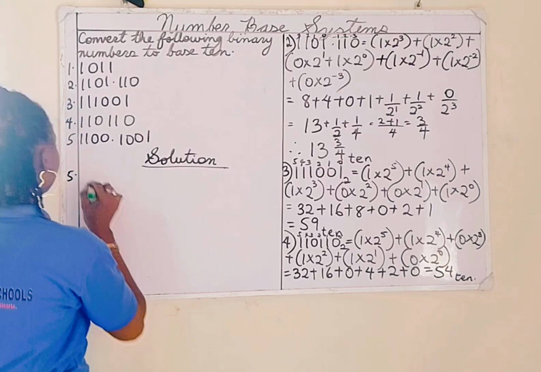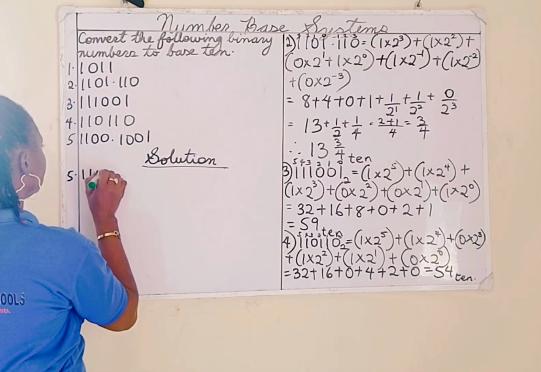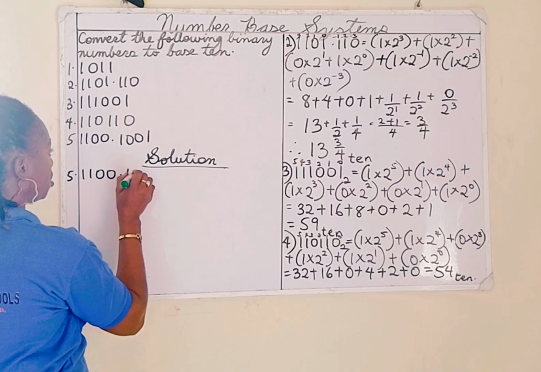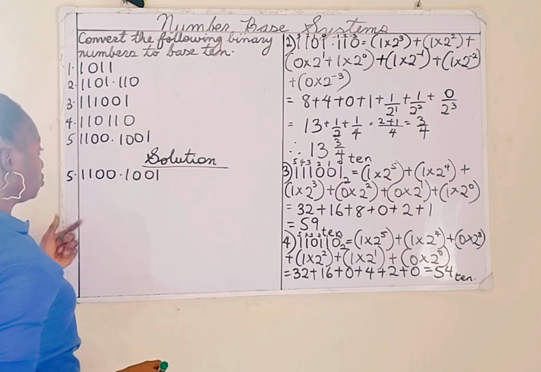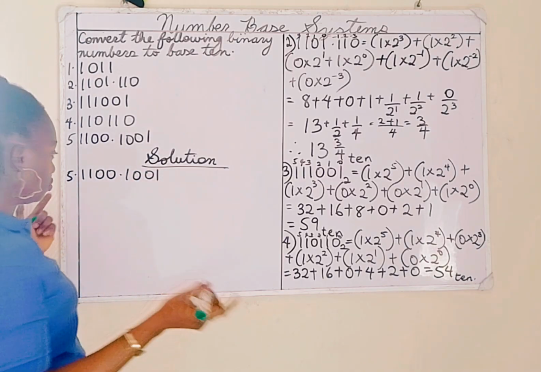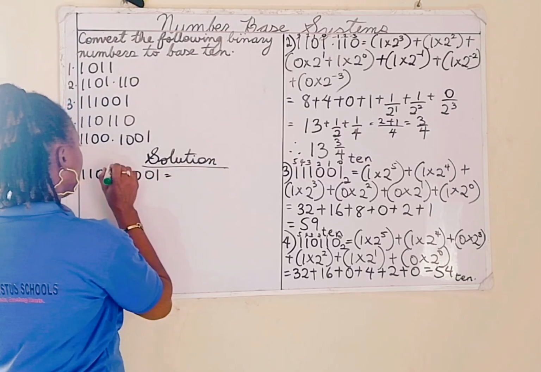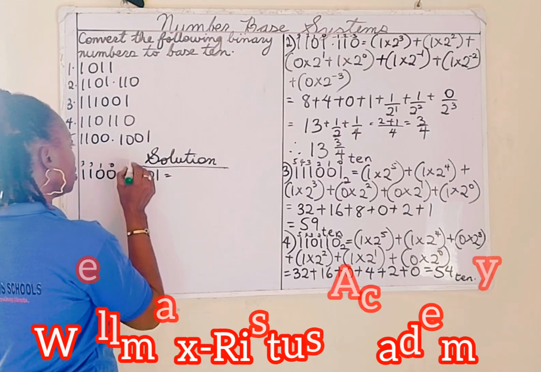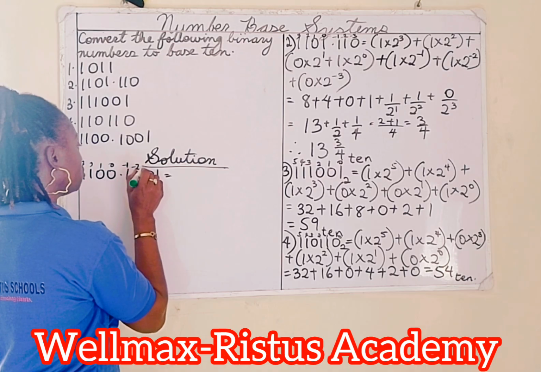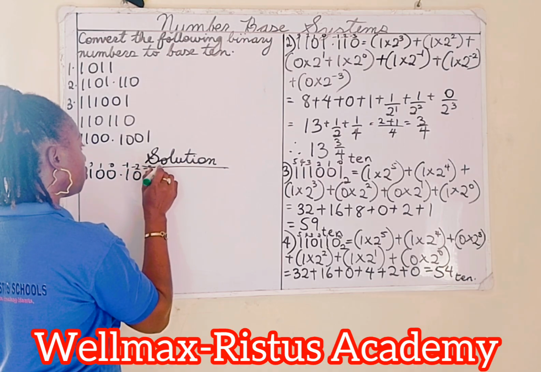Question 5 says 1100.1001. Convert this to base 10. Okay, we have 0, 1, 2, 3, minus 1, minus 2, minus 3, and minus 4.